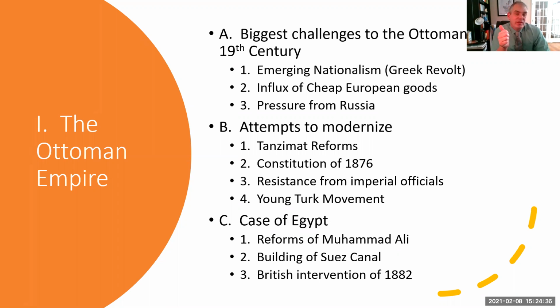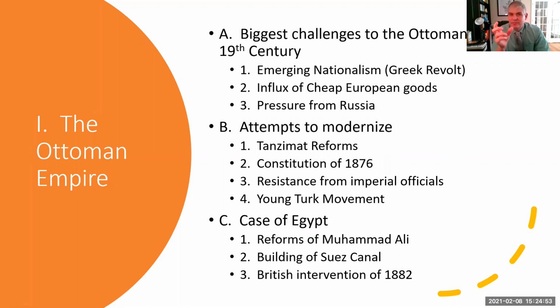One of the reforms he puts into place is the development of a Western style army. Egypt, if you don't know this offhand, was conquered by Napoleon in the late 1700s and the early 1800s.